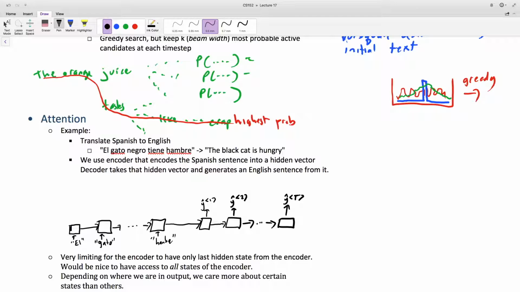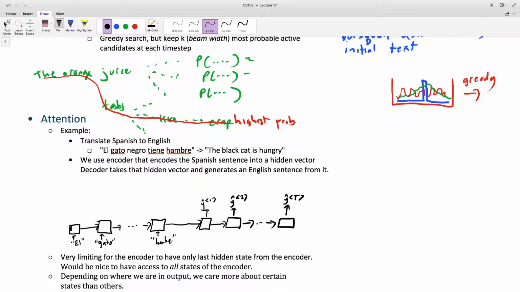That's challenging, actually. It's challenging for one reason. And that reason is it's just hard to summarize everything into here. We can imagine that there's useful information along the way that we are kind of forgetting about.